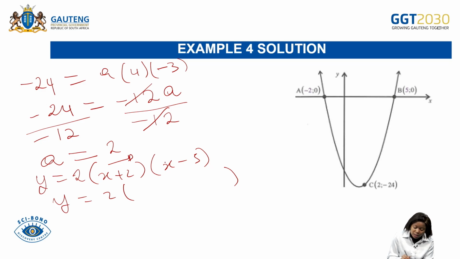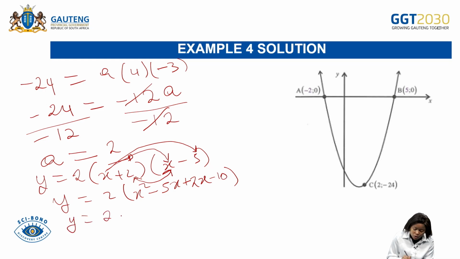First things first, we deal with this bracket and that bracket. So you'll say your first term multiplies the first term, you get x squared. The first term multiplies the last term, which is going to be minus 5x. The second term multiplies the first term in the other bracket, it's going to be plus 2x. And 2 times negative 5 is going to be negative 10.